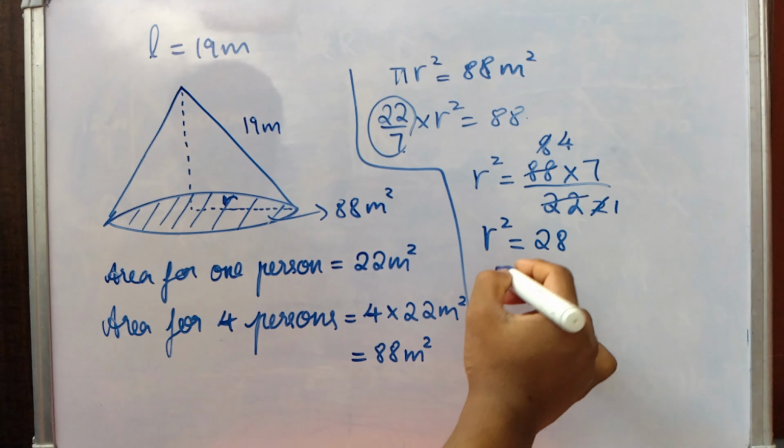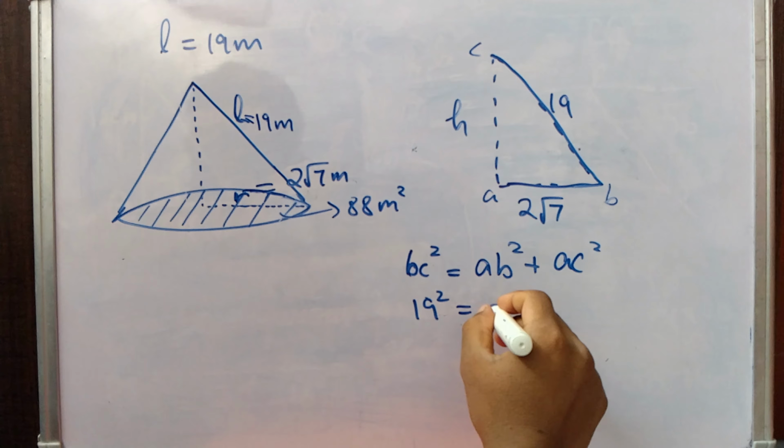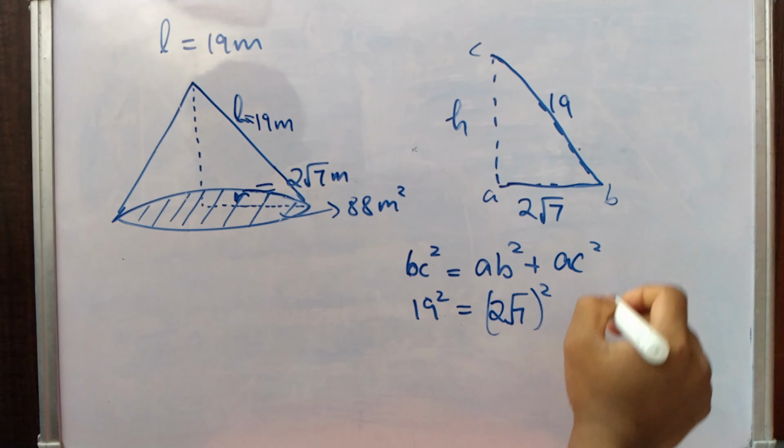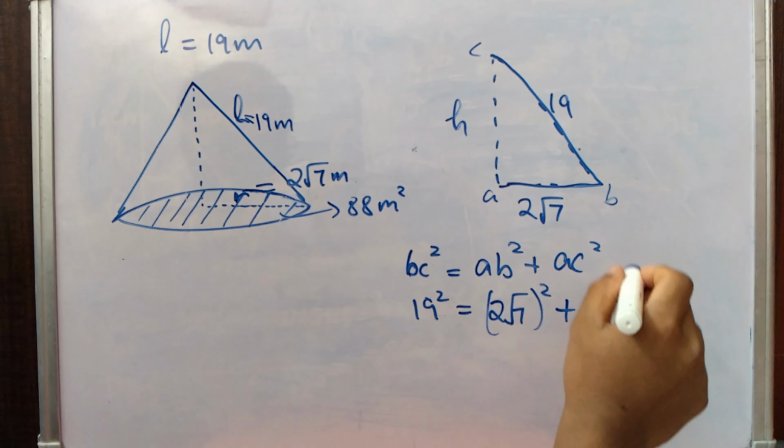For our convenience, let's name it as A, B and C. So BC square, the hypotenuse square, is equal to adjacent square plus opposite square, so AB square plus height AC square. So it is equal to 19 square, BC, plus AB square, 2 root 7 the whole square, plus AC square.